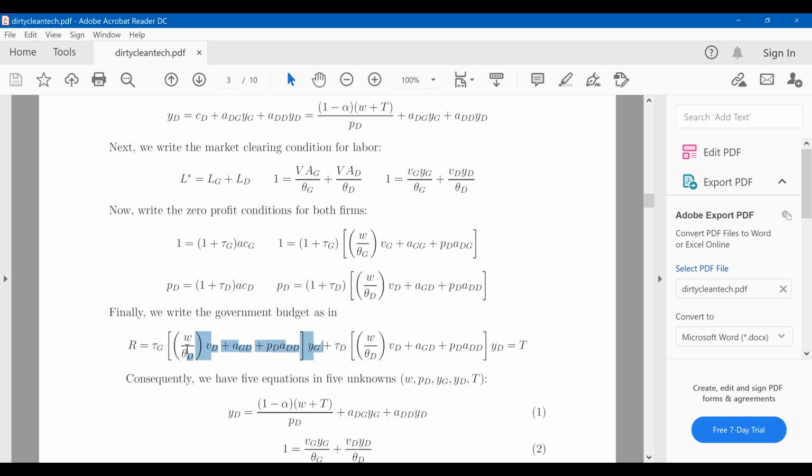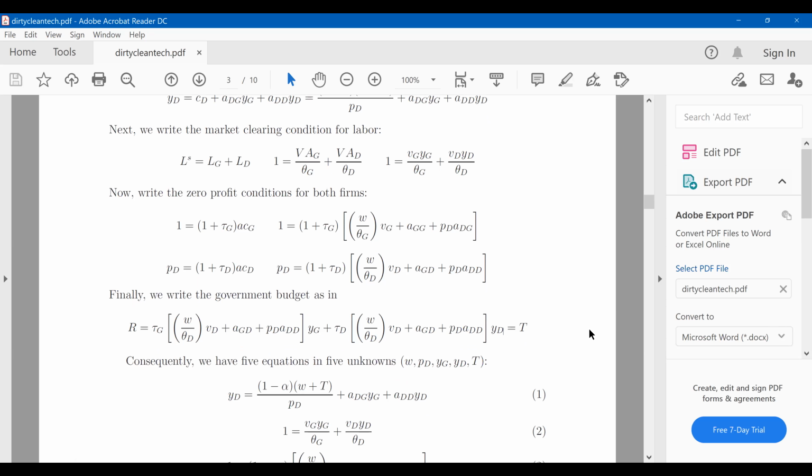This is total cost before tax. And that's the part paid to the government, right? A fraction dependent on tau G by the green firm is paid to the government, and the fraction tau D by the dirty firm is paid to the government. Okay? And this total revenue must be equal to T. So the total transfer the household receives must be equal to that.